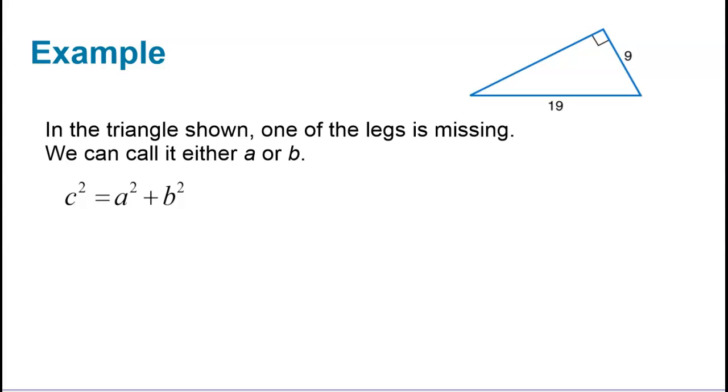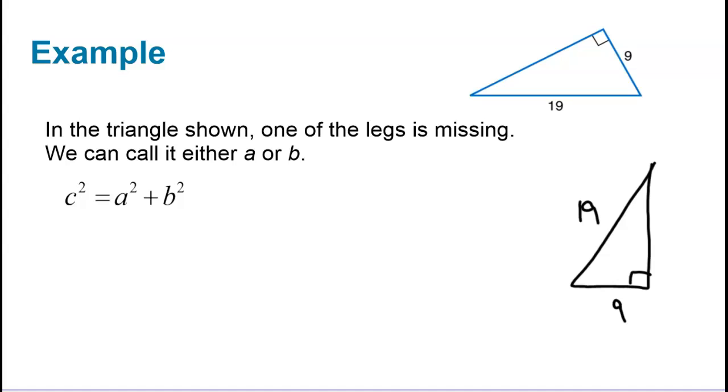Okay. All right, let's go ahead and try another one, and you can try this one on your own again, and I even encourage you to try to put it into the standard form. Okay, so let's take a look at this then. We're going to redraw this so that our 90-degree angle is down here in the corner. And in this case, 9 is our shorter side, and 19 is our hypotenuse.